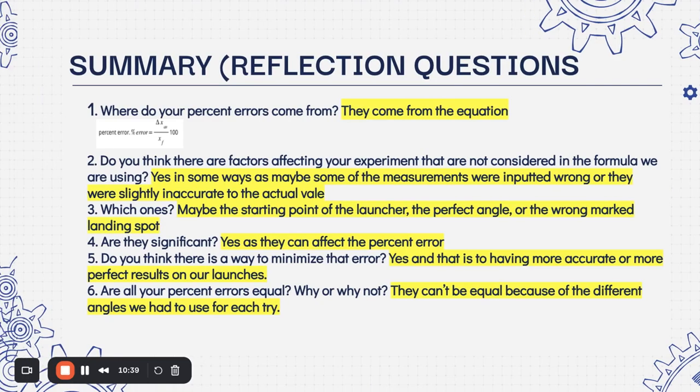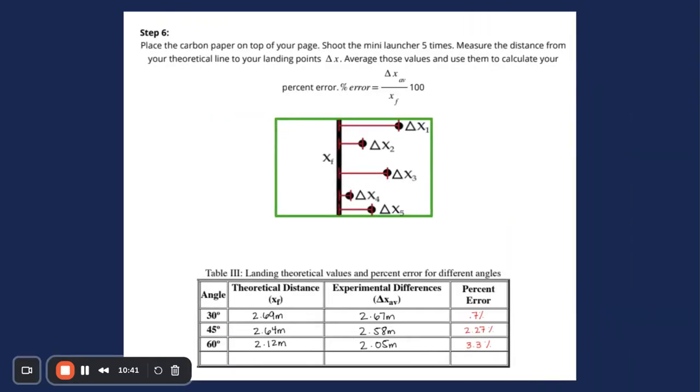If you go back to the slide, that is 2.67 over 2.69 times 100. For the 45-degree angle, 2.58 divided by 2.64 times 100, and then 2.05 meters over 2.12 meters for the 60-degree angle, which gives 3.3%, as I mentioned before.